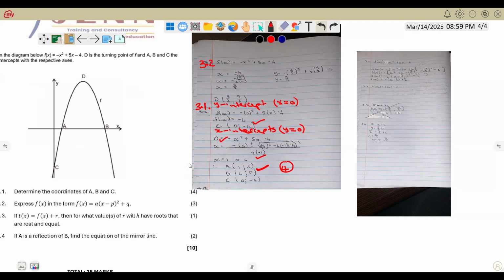Yes, sir. So it means after using this method, you can just take those coordinates. You are just supposed to copy those coordinates, meaning to say, after that calculation, your f(x) was supposed to be equal to negative, open bracket, x minus 5 over 2, close bracket squared, close bracket, plus 9 over 4.